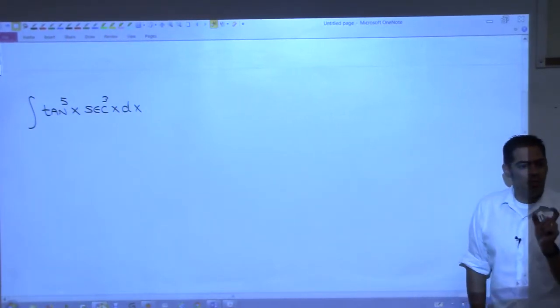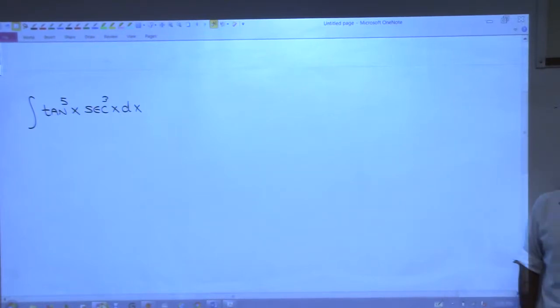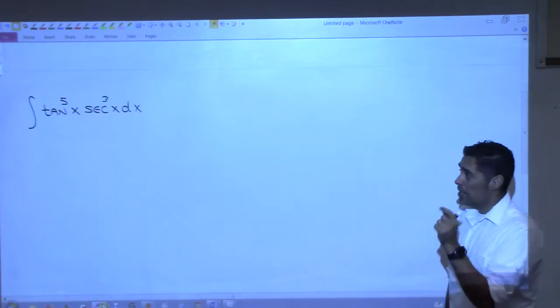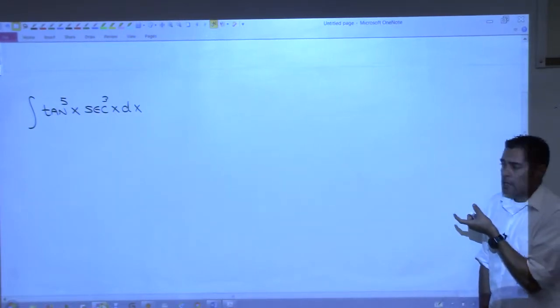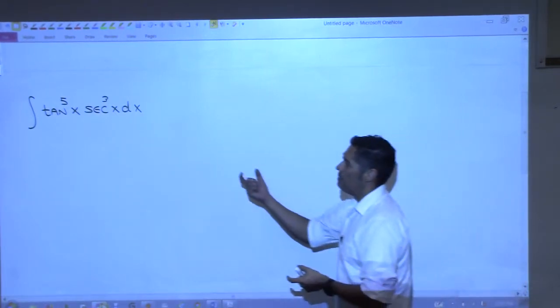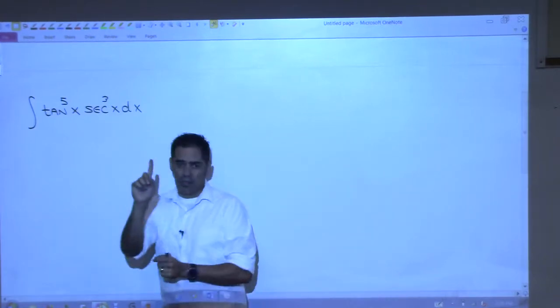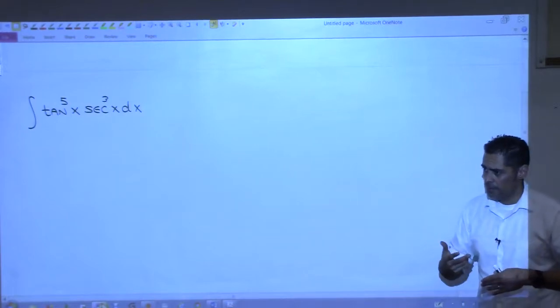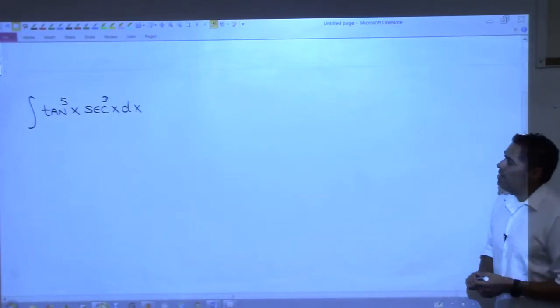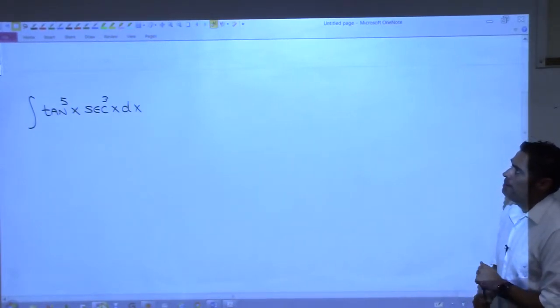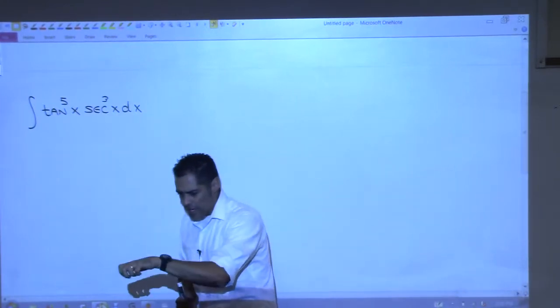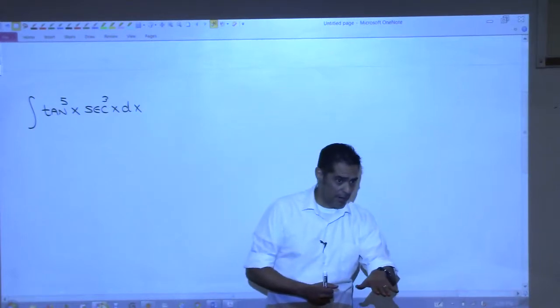All right, so we do not pull out a secant squared because it's not even, right? I mean, we could pull a secant squared out, couldn't we? The problem with pulling a secant squared out is that we would have a secant to the first power in there, and that we don't have a Pythagorean identity for. So instead, we're going to use the fact that, in the previous problem, u was tangent, the derivative was secant squared, right?